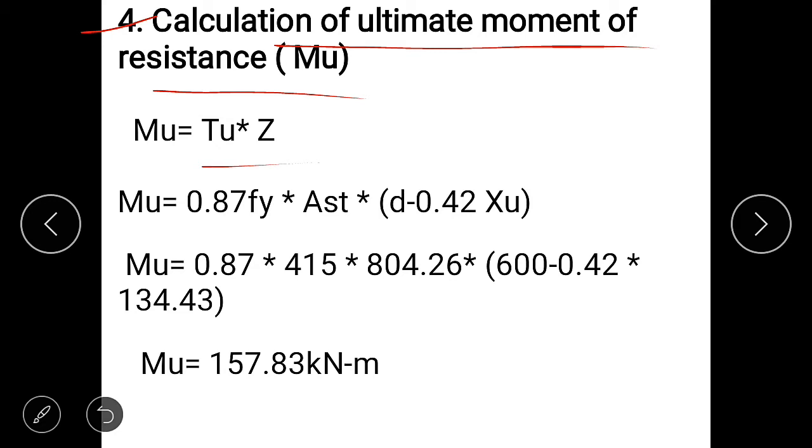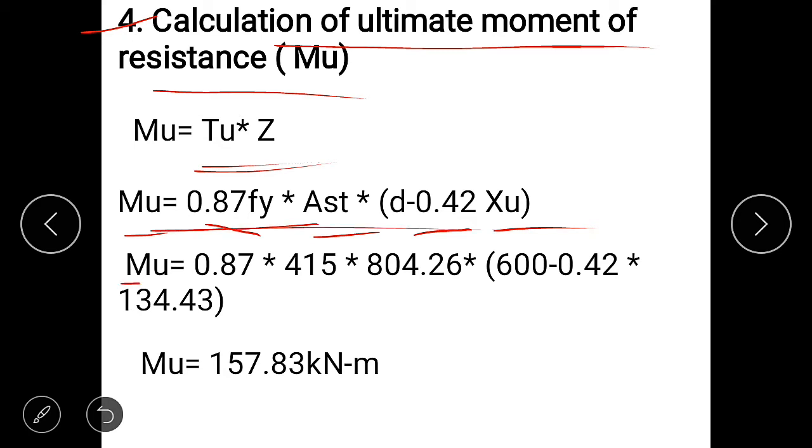So our section is an under reinforced section. For this, use the formula Tu into Z. This formula is different for all sections. So Mu is equal to 0.87 Fy into AST into (D minus 0.42 XU). Learn this formula.